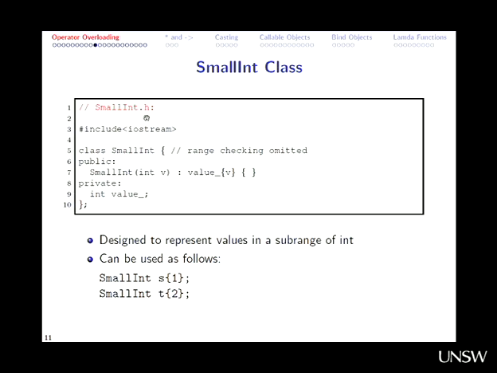What is important is our small int class stores an int and has a constructor that takes an int, okay? And it can be used like this. We can say small int s has got the value 1 and small int t has got the value 2, okay, up on the left-hand side. Okay, and that works, that's fine.